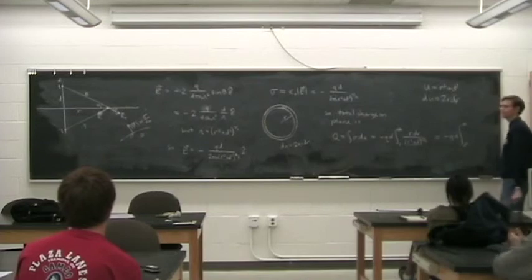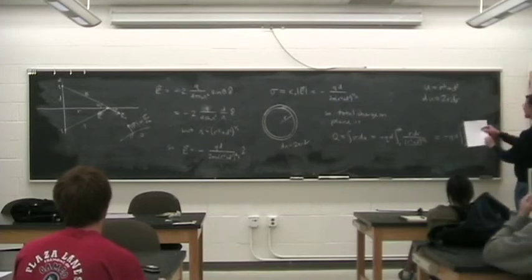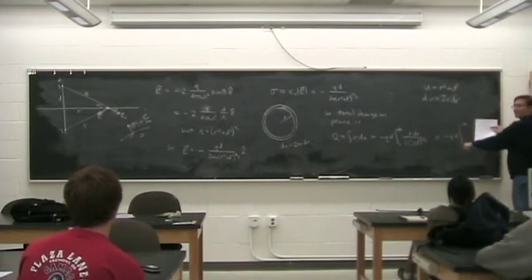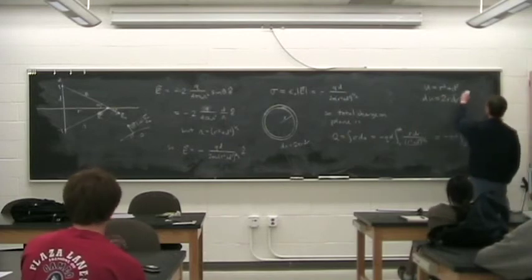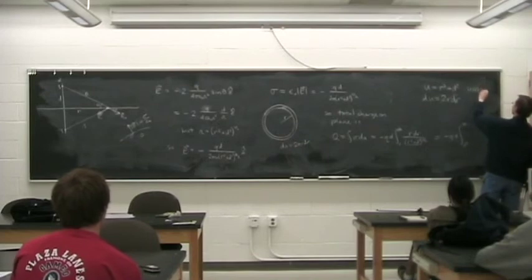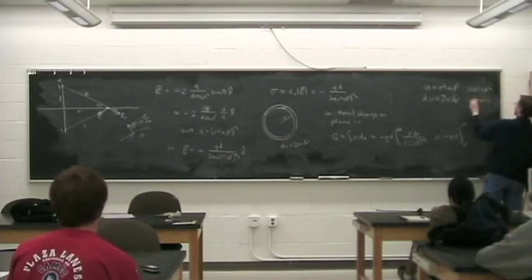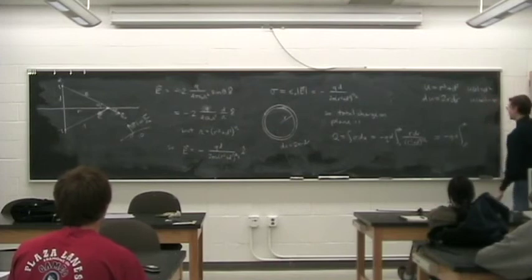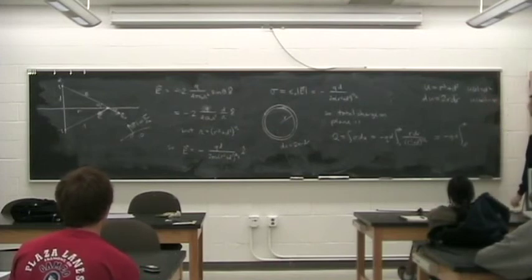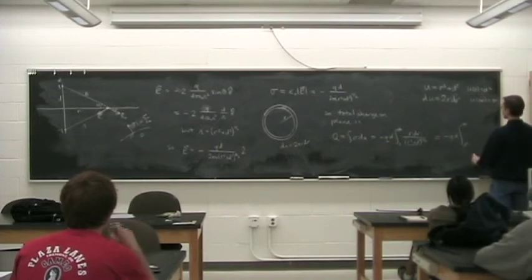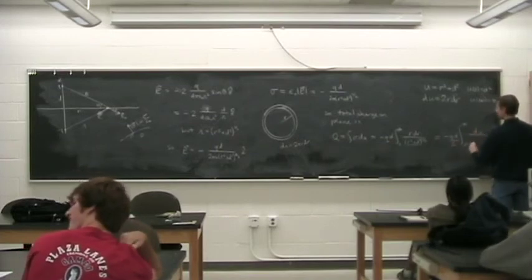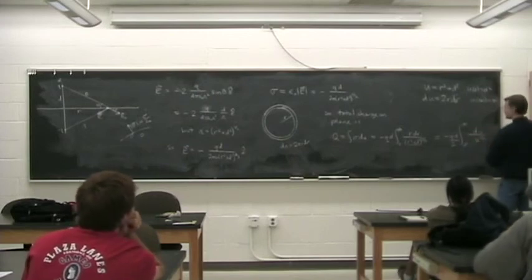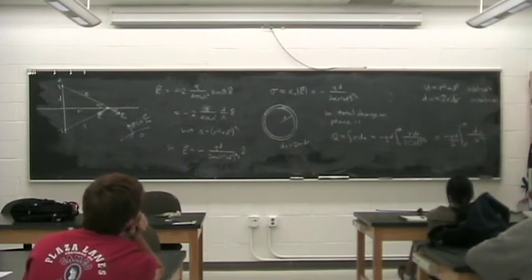I didn't put that in my notes because I wanted to be able to say this here. So u of 0 is d squared, u of infinity is equal to infinity. So this is minus qd times the integral from d squared to infinity of du over 2 times u to the 3/2 power, right?